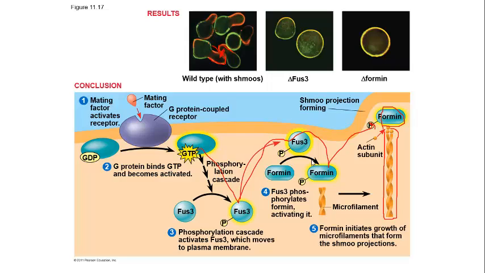Actin microfilaments that are right underneath the cell membrane, they give the cell its shape. So by increasing the amount of actin filaments, essentially what's happening right here is that you're changing the shape of the yeast cell, creating this shmoo, allowing it to then be able to mate and fuse with another yeast.